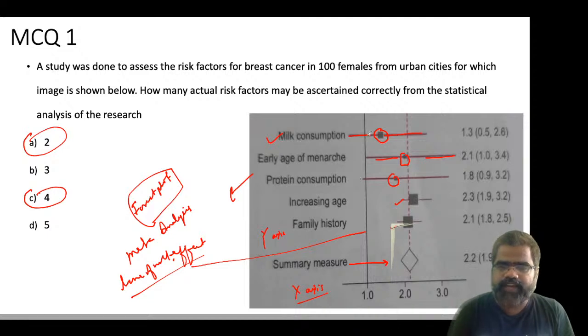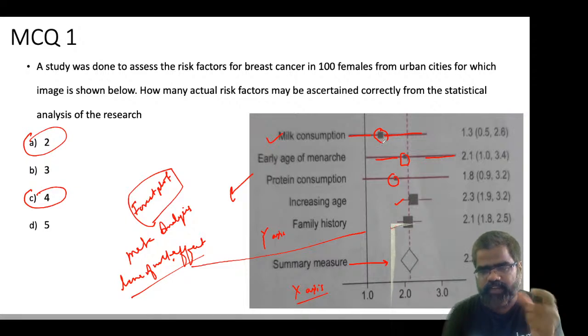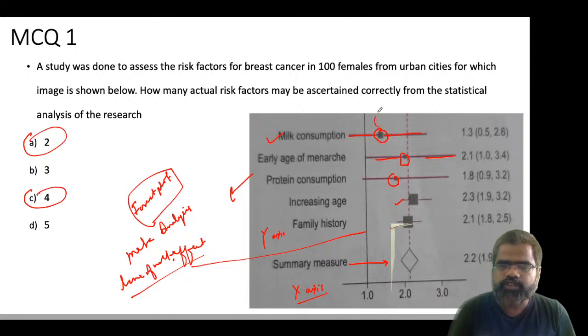Each risk factor has been plotted. The square can be big or small, indicating sample size, and the line indicates the confidence limit, lower limit and upper limit.